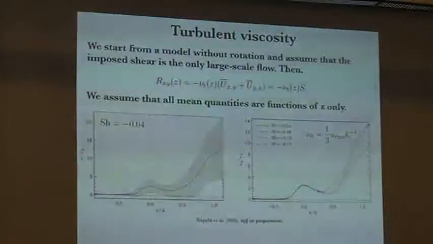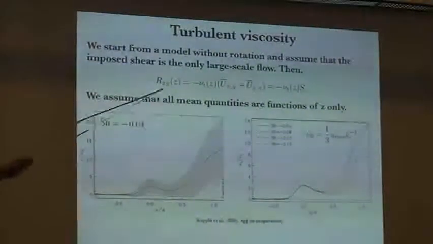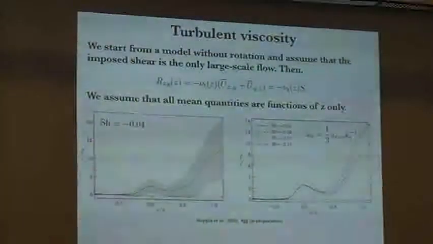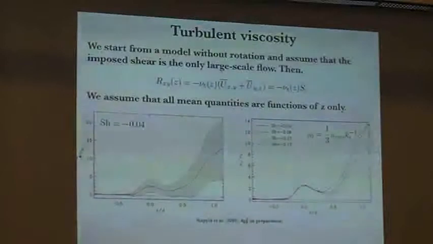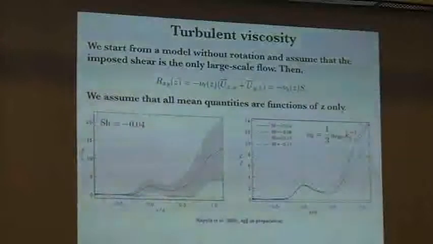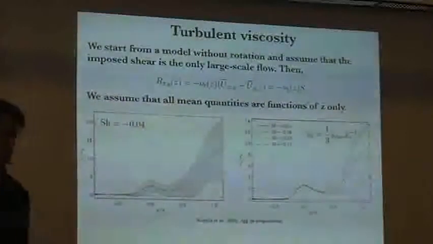And then we just use this equation. We get our Reynolds stress from the simulation, then we know S, and we can compute the turbulent viscosity. There's a T missing here. This is the turbulent viscosity, and then it's divided by an estimate μ0.